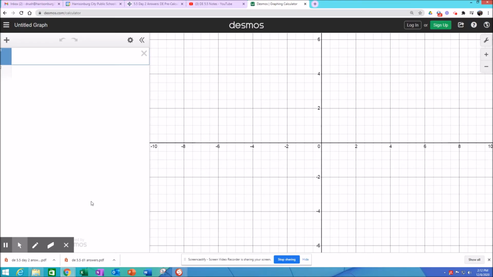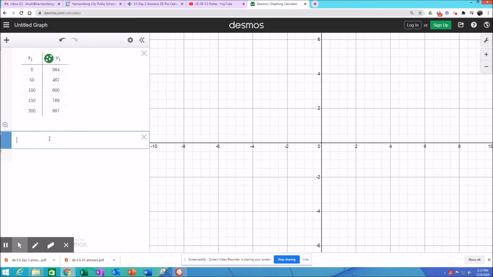Okay, for number 8 in the notes, talking about the CO2 concentrations, we want to make a table of values here, and then we're going to find the equation. So I'll pause this video as I put the numbers in. Okay, the problem did say that x equals 0 corresponds to the year 2000. So this is the year 2000, 2050, etc. Okay, so to get an equation for exponential, we're going to hit that y1 tilde.